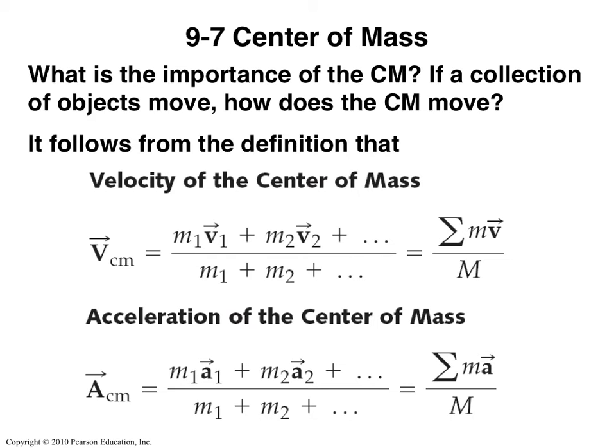What would that be? This would be m1 x1 final plus m2 x2 final, just at some final point. And obviously you have the same thing for another point, which I call the initial point.